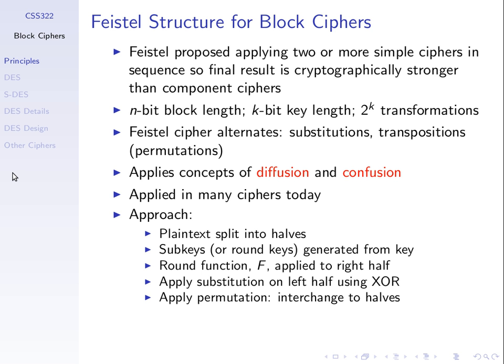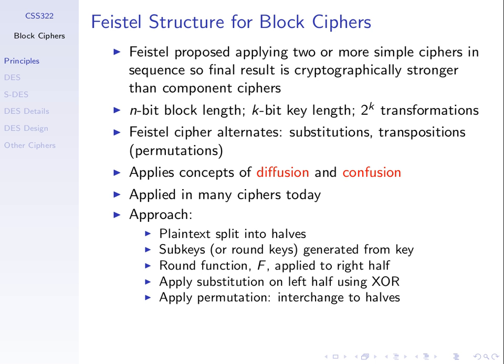So the Feistel structure applies these concepts of spreading out the plaintext in the ciphertext, diffusion, and making the relationship between the ciphertext and key complex, confusion. The structure is applied in many ciphers today. The approach is listed here, it's in the diagram. Split the plaintext into halves.